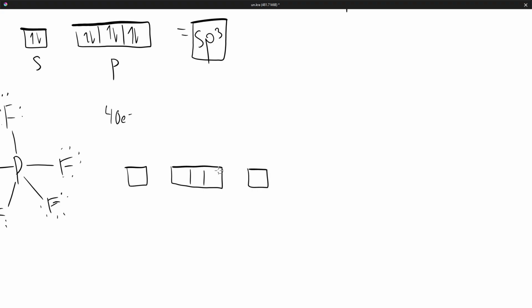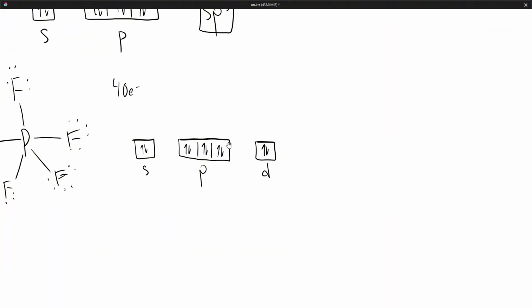So that means we get 1 s orbital, because there's always just 1 s orbital, 3 p orbitals, and 1 d orbital. See, it's 2, 4, 6, 8, 10.